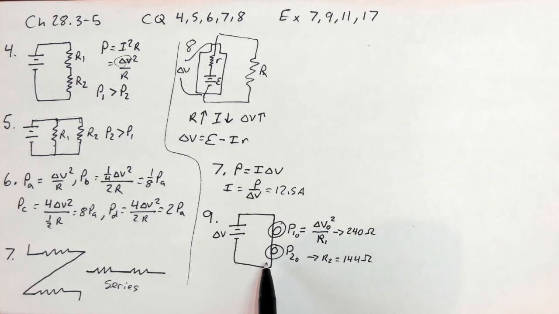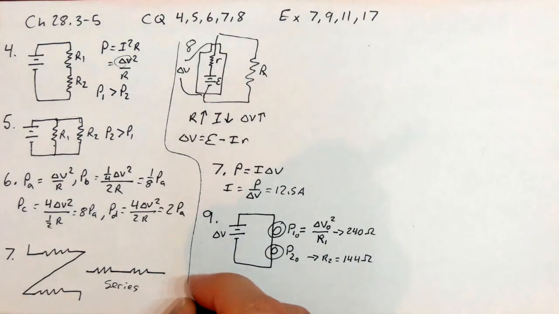Okay, so in order to find which one's more, we need to recognize how power is related to the resistance of the bulb, and we know that current's the same. So what we can say is that the power dissipated is equal to the current flowing through the bulb squared divided by the resistance of the bulb.